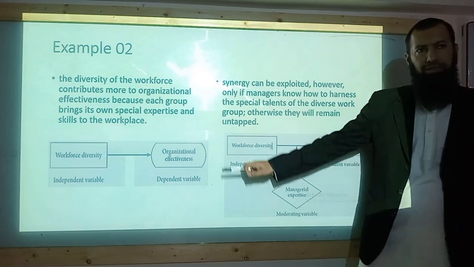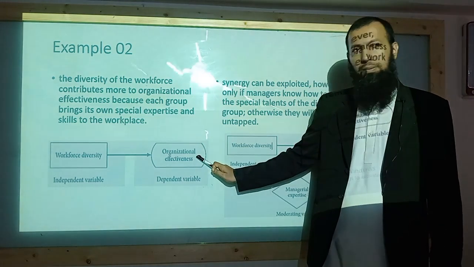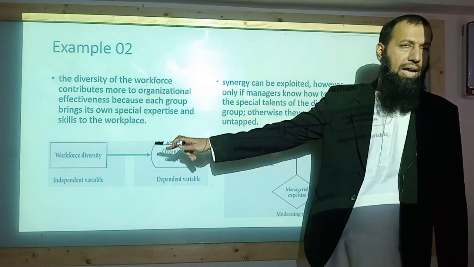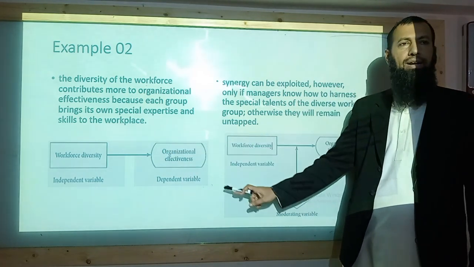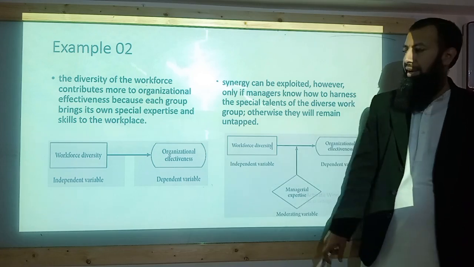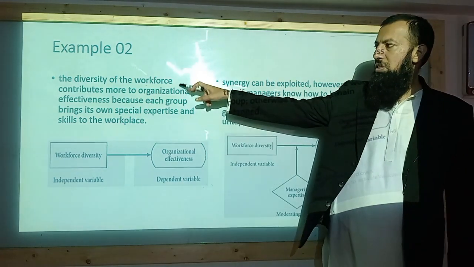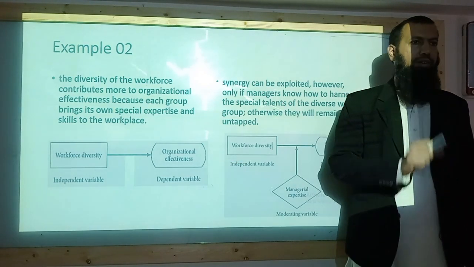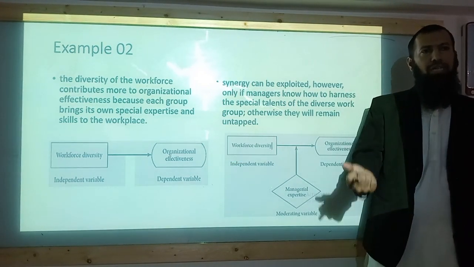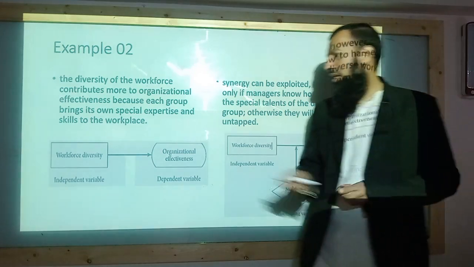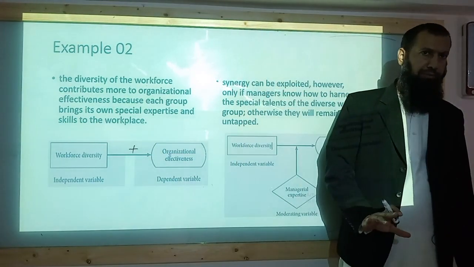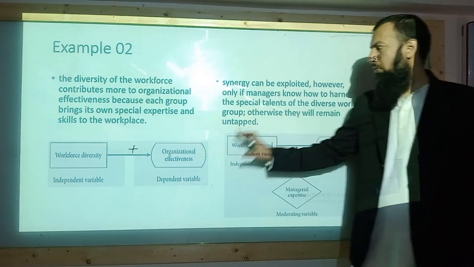So this diagram is telling you the existing relationship between the independent and the dependent variable. Independent variable is workforce diversity and the dependent variable is organizational effectiveness. When there is more diversity, there is more organizational effectiveness, so there is a positive relationship. Got it? Okay, now we move ahead.